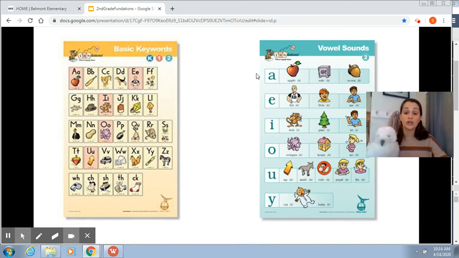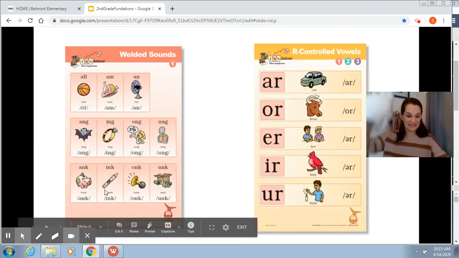Moving on to our vowel sounds, let's practice our long vowel sounds, okay? Our long vowel sounds are the sound of the vowel when the vowel says its name, okay? So first one is A. A, safe, A. E, Pete, E. I, pine, I. O, home, O. U, mule, U. Whoops.